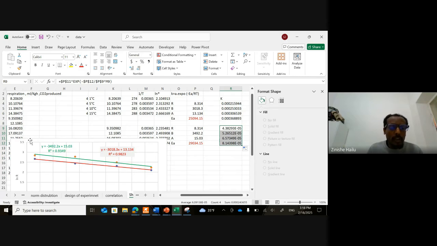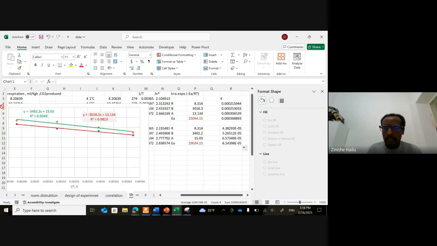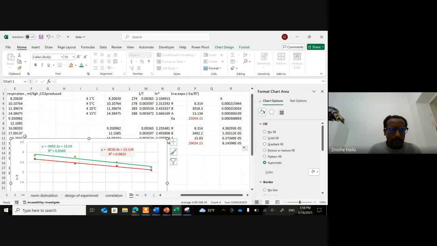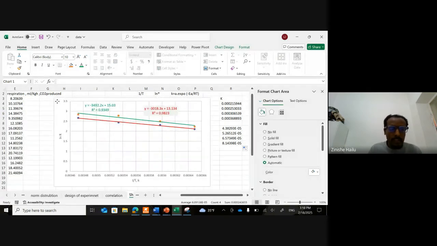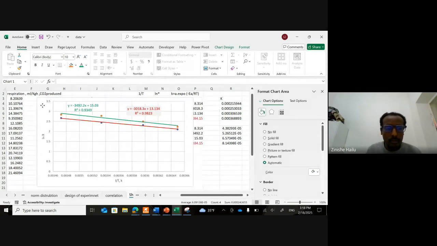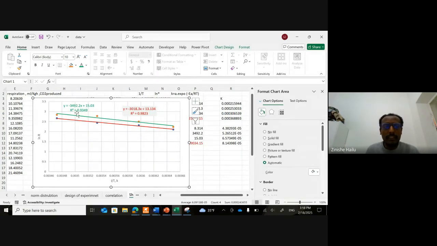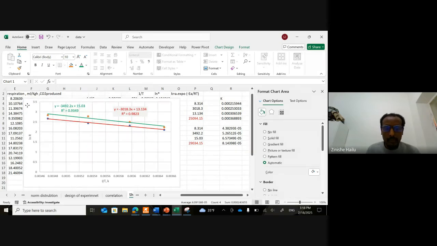So now you can report this is the first one. You can increase more. If you have more data, you can increase with more values. But the report should be this.